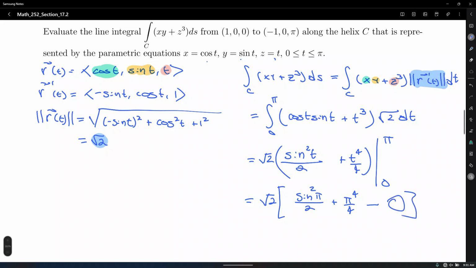Minus 0. What is sine pi? Is that negative 1? No, it's 0. So this term goes to 0. That leaves us with root 2 pi to the fourth over 4. Final answer.